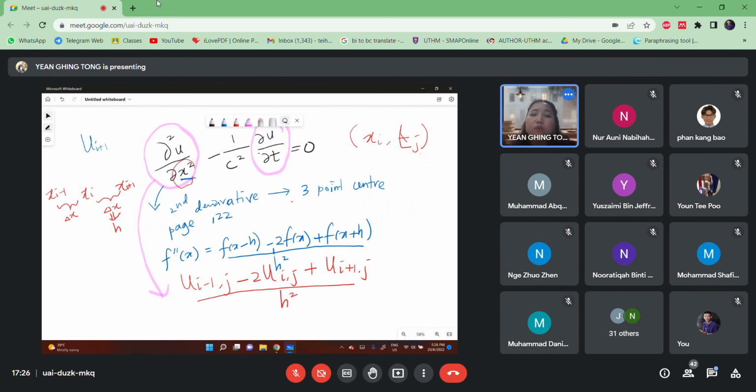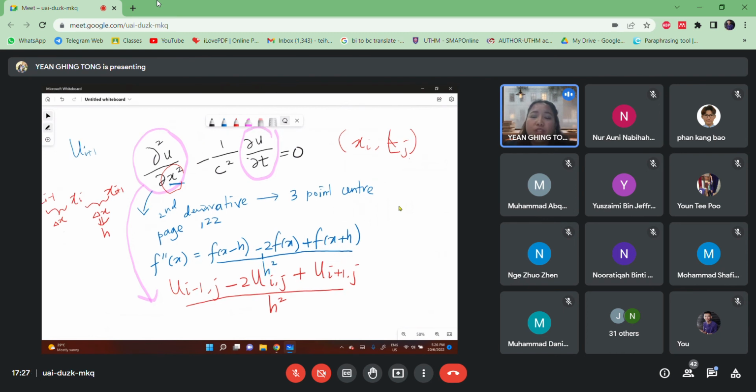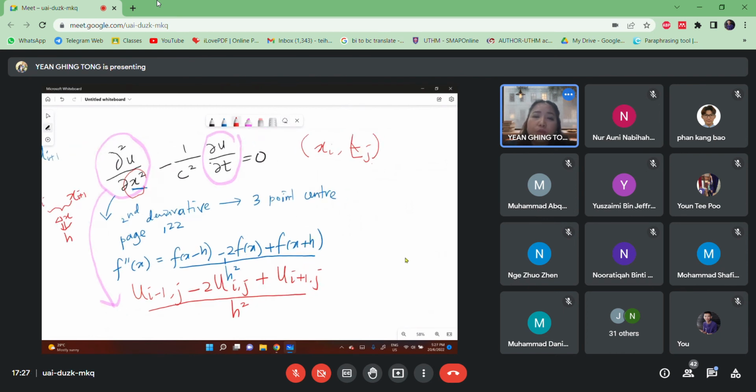And now, okay, now I want to change. So this one is minus 1 over c square. So this one also has to change to the finite difference form. And this one is with respect to t.